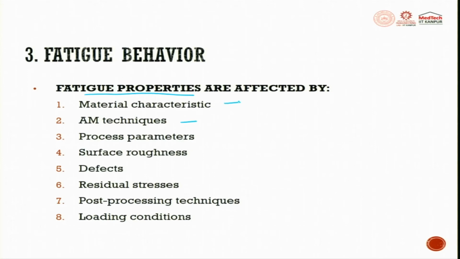Technique, material characteristics, process parameters which we discussed; roughness is an output, defects again are an output, residual stresses are again an output parameter depending upon the process parameter, technique and material characteristics. Then you go into post process treatment. Here you can do aging, annealing, normalizing, quenching, whatever it is you try to do to get the output. And finally, the loading condition plays a role.